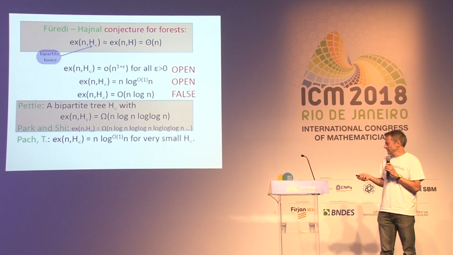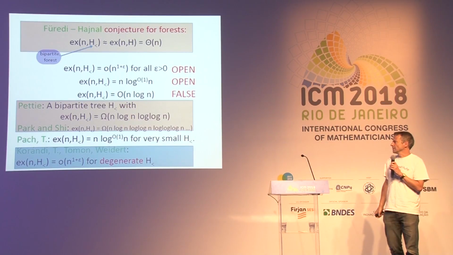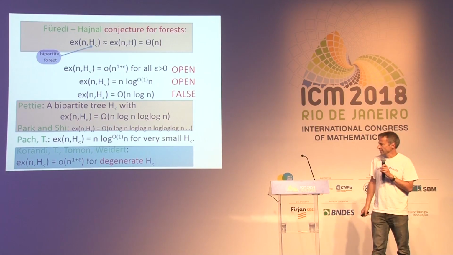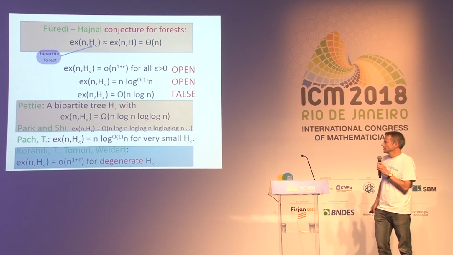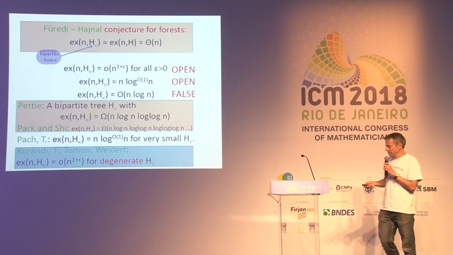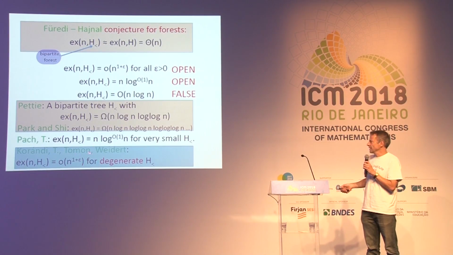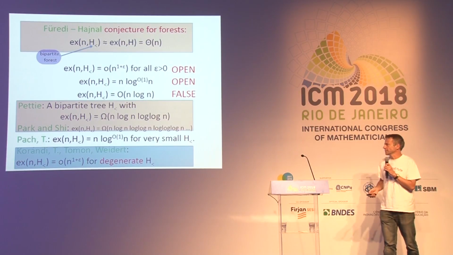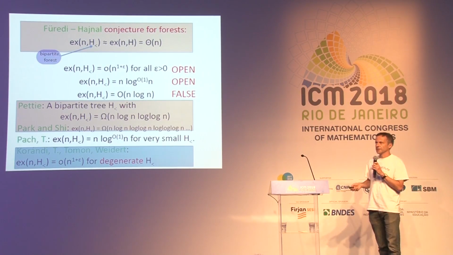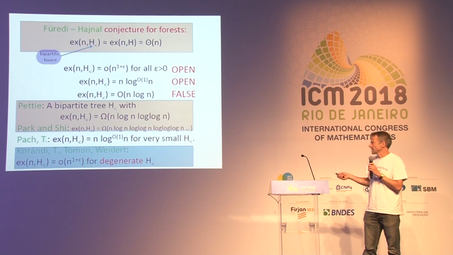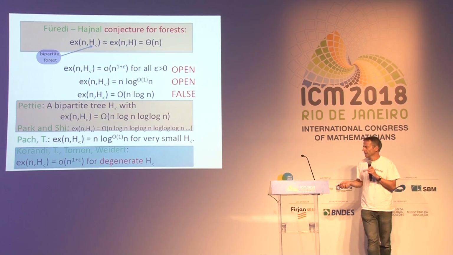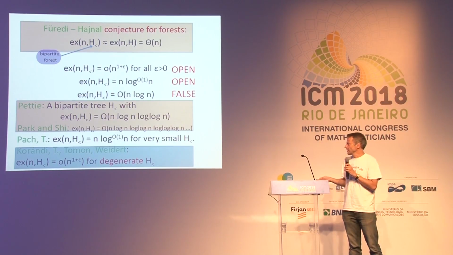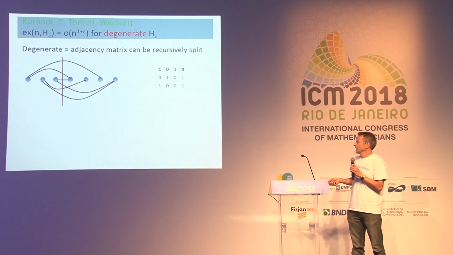And the more recent result, joint with Korandi, Tomon, and Weidert, is a bit weaker in that it just proves the weakest version, little o of n to the 1 plus epsilon, but it's for a larger class of bipartite forests that I call degenerate, and that's the state of the art.